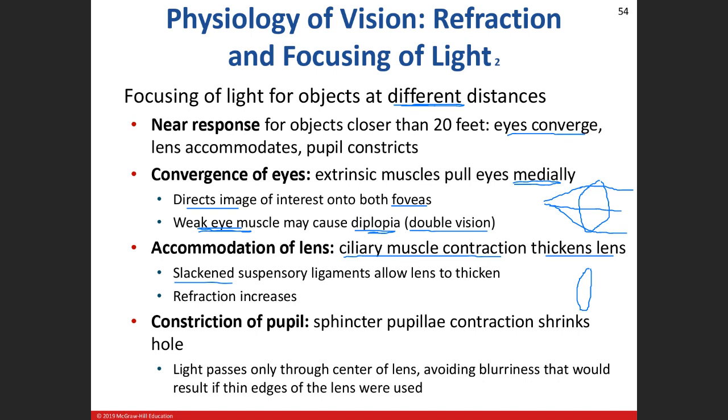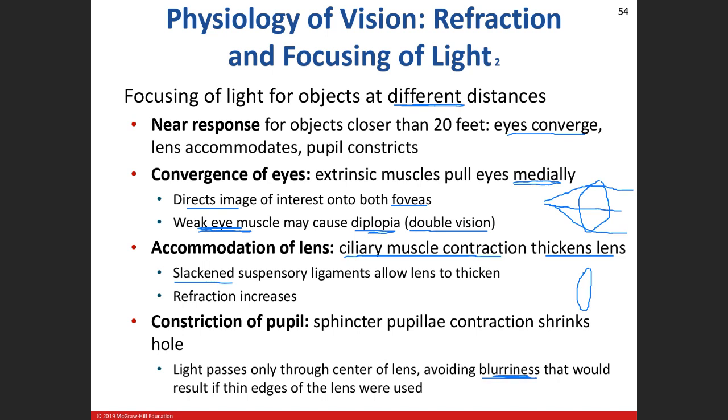Okay? And then finally, the last thing is constriction of the pupil. Okay? We're going to constrict the pupil to let less light in so we can focus more of that light on the fovea centralis. That's where our sharpness of vision is going to be located. The more light that you let in, you can have some blurriness there, okay?